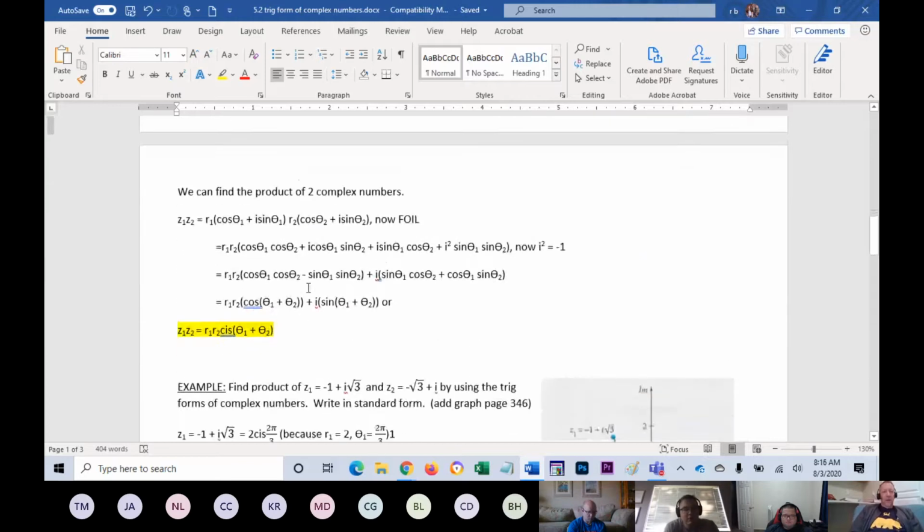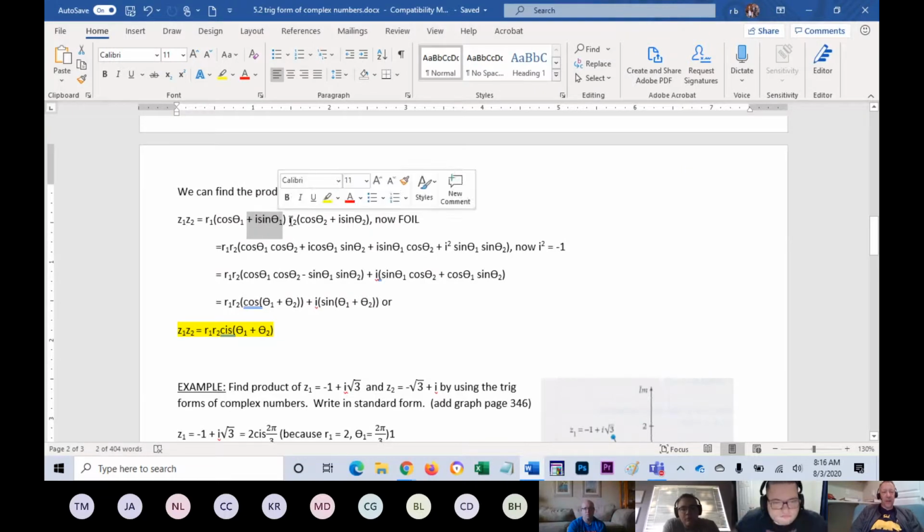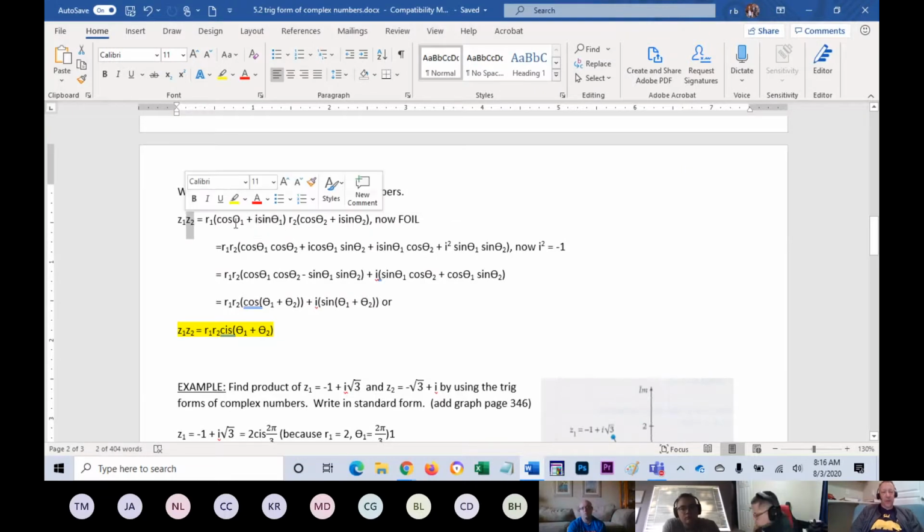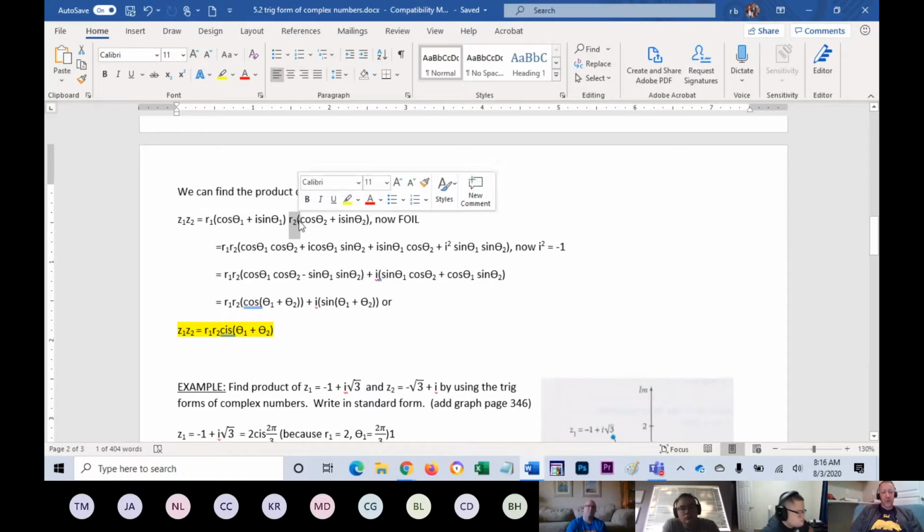All right, now let's talk about the product of two complex numbers. If Z1 represents a complex number and Z2 represents a complex number, then Z1 is going to be R1 times cosine theta 1 plus I sine theta 1, and Z2 represents R2 times cosine theta 2 plus I sine theta 2.